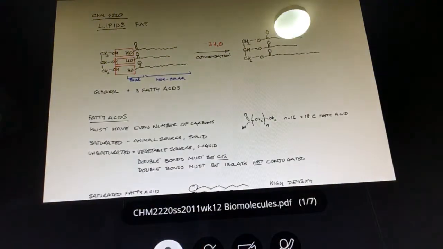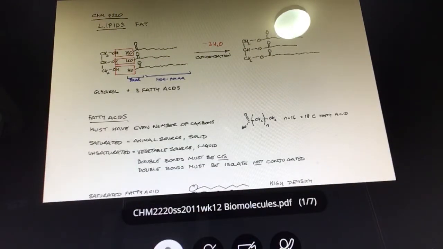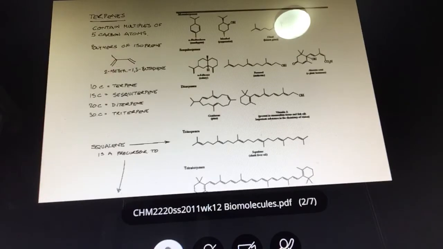The remainder of the material in a regular term would be this. We would describe lipids. Lipids are glycerols and fatty acids. We would describe terpenes. Terpenes are hydrocarbons.